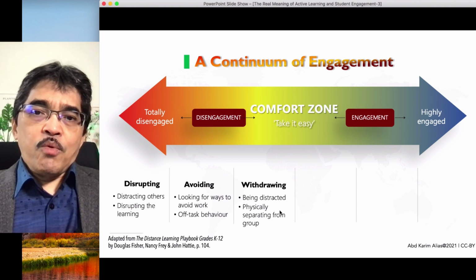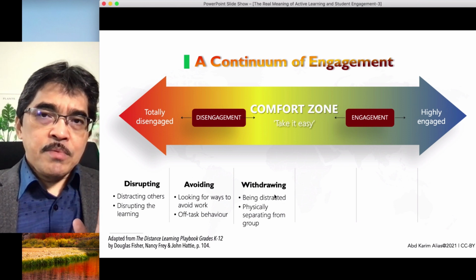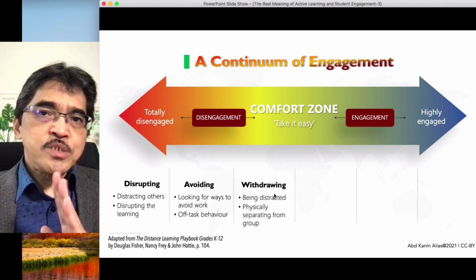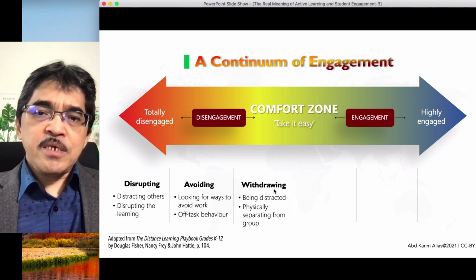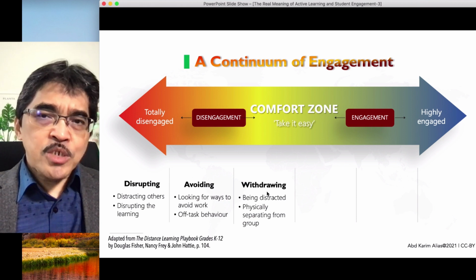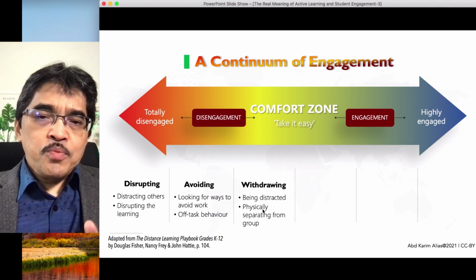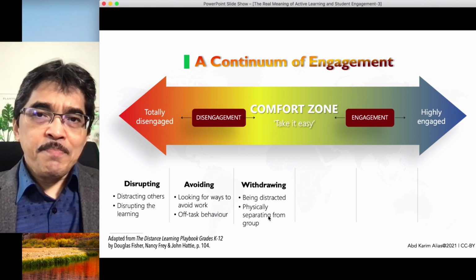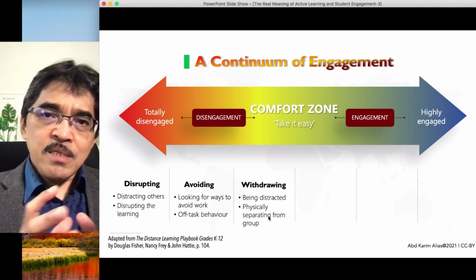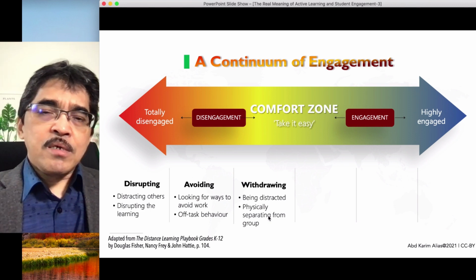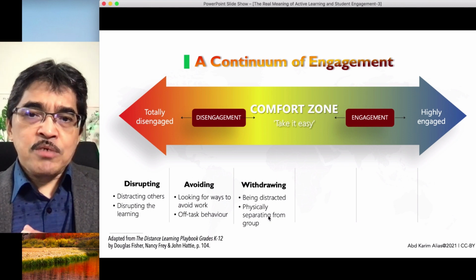When students start to disengage, we will notice a change in their behavior. The first stage is called withdrawing. This is where they are distracted and not really focused. They start to physically separate from the group, isolating themselves, and they don't want to participate in the group activity.